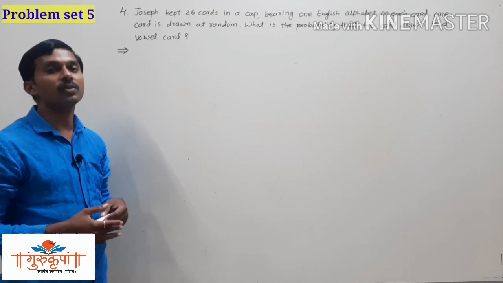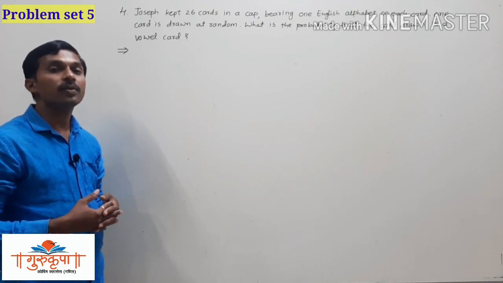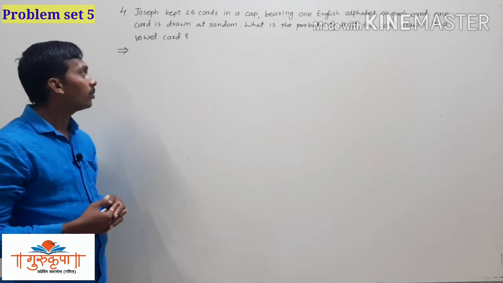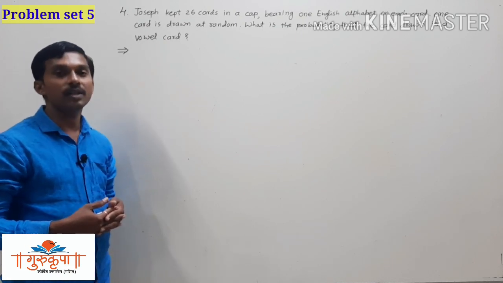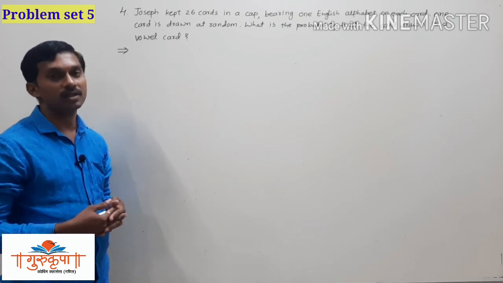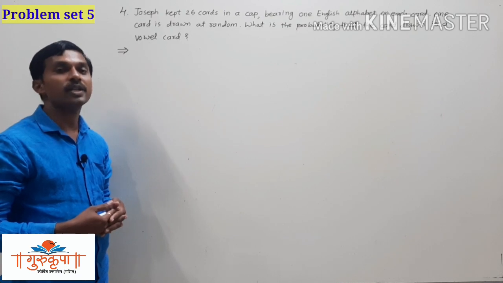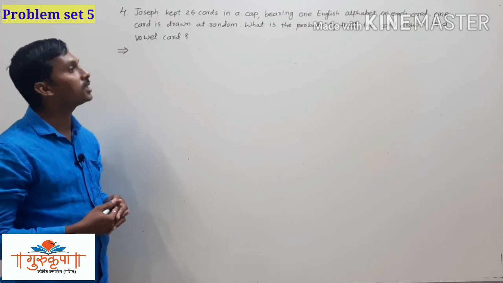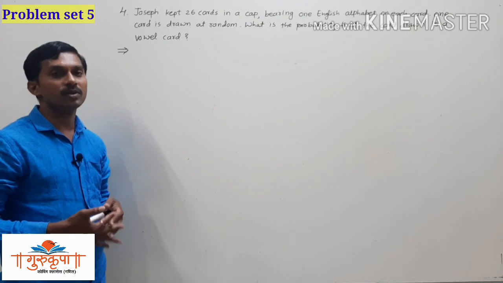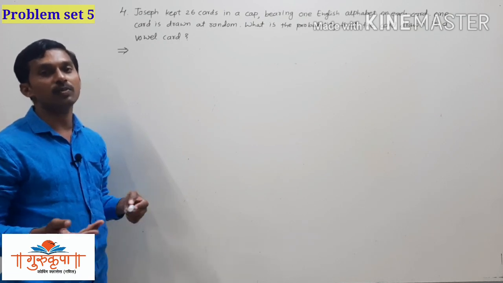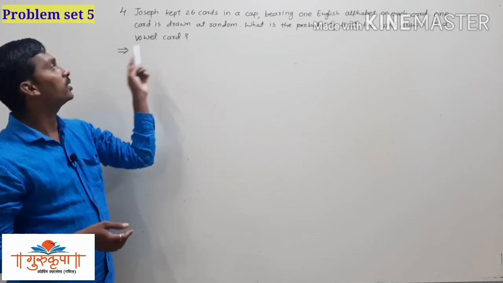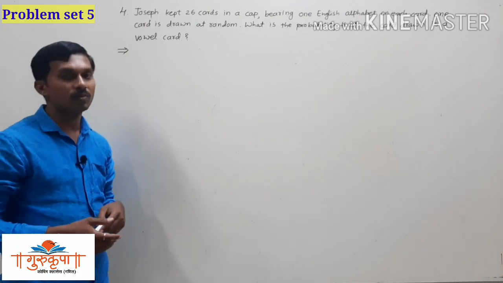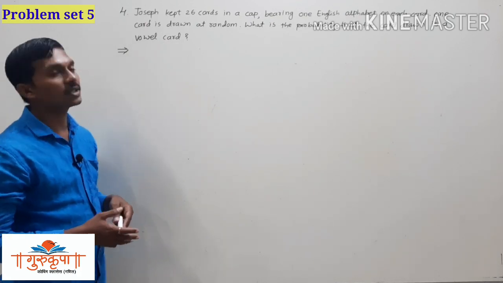As all of you know, there are 5 vowels in the 26 alphabets. So directly you can say the answer, that is 5 upon 26 is the probability of the event that the card drawn is a vowel card. But here we have to write step by step.